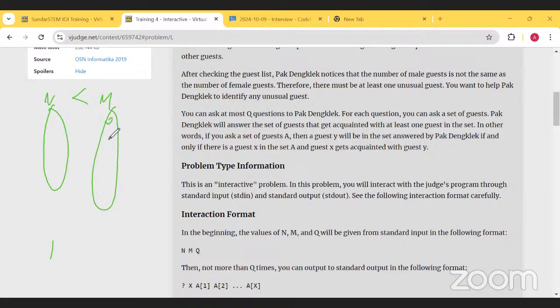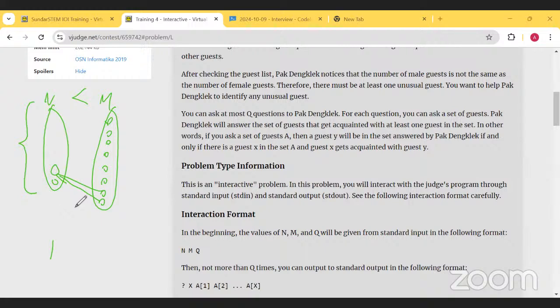But if all of them exist in the response, there will be some male that is acquainted with more than one female, right? So we have to find that person among the male.